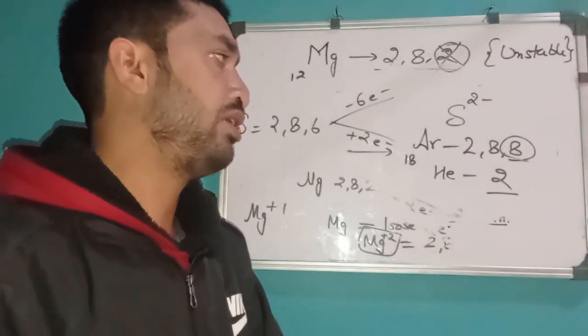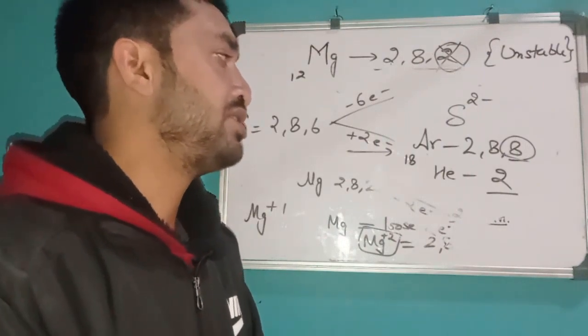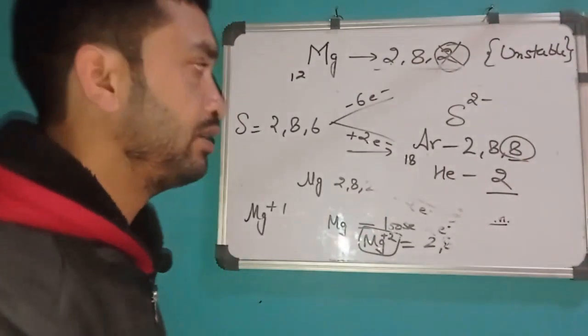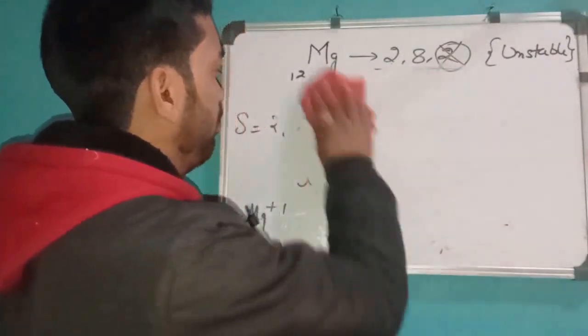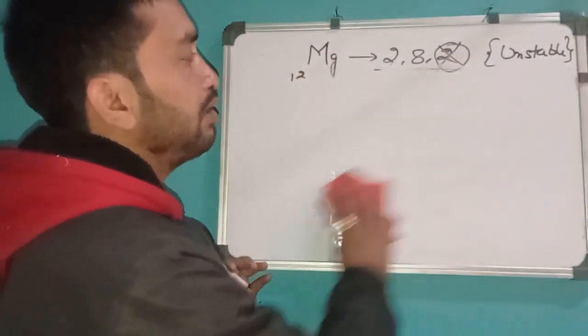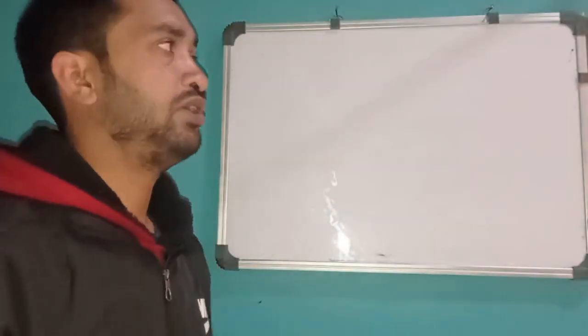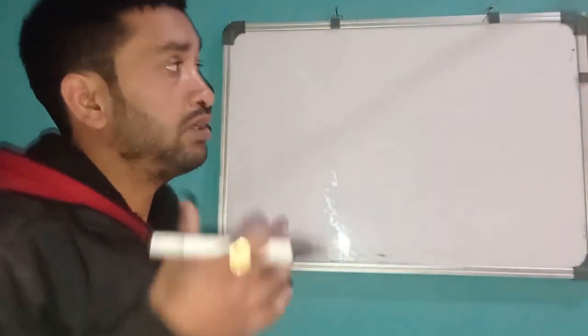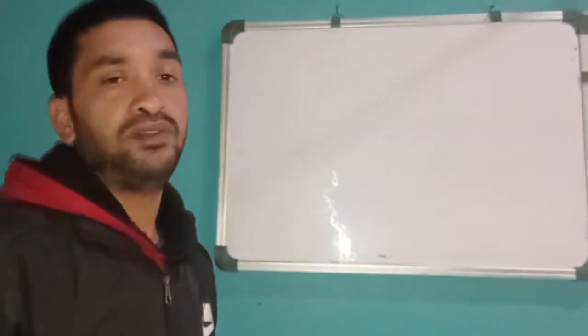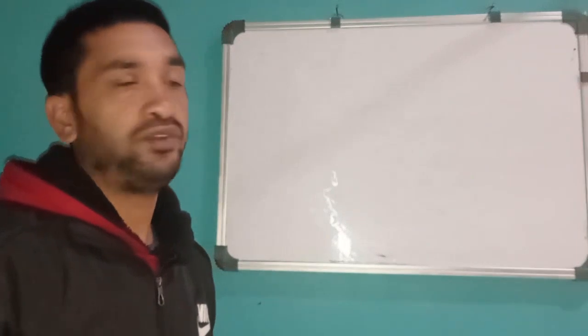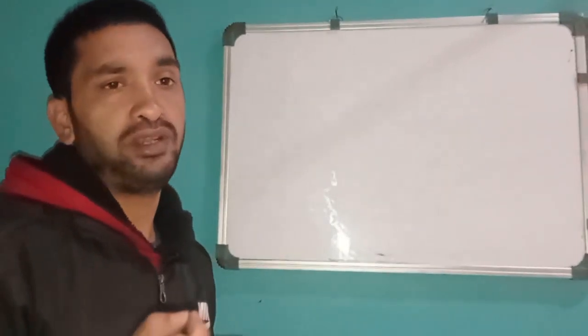So in this way you can get to know whether something is stable or not. Okay. I hope all these things are clear to you. These are not very big topics. For beginners, those who are just beginning chemistry, it is a little tough. But for those students who watch this video to clear their concept, I hope they will clear it within a few minutes. But for the beginners, it will take a little time.